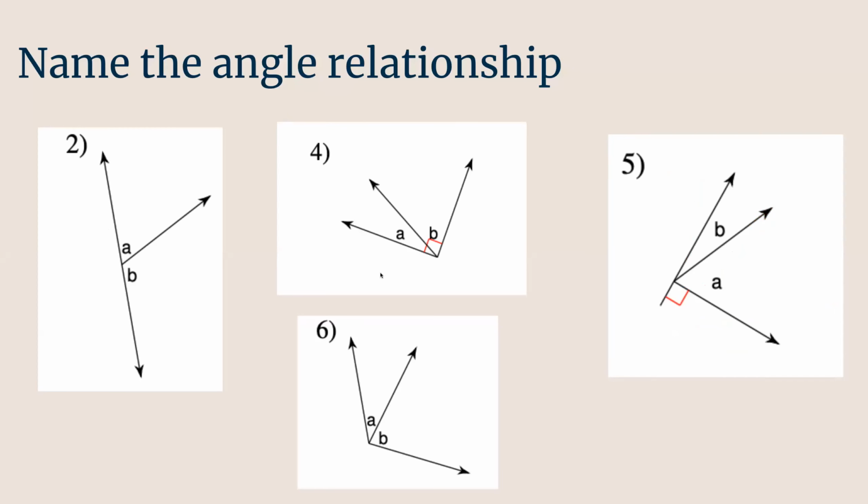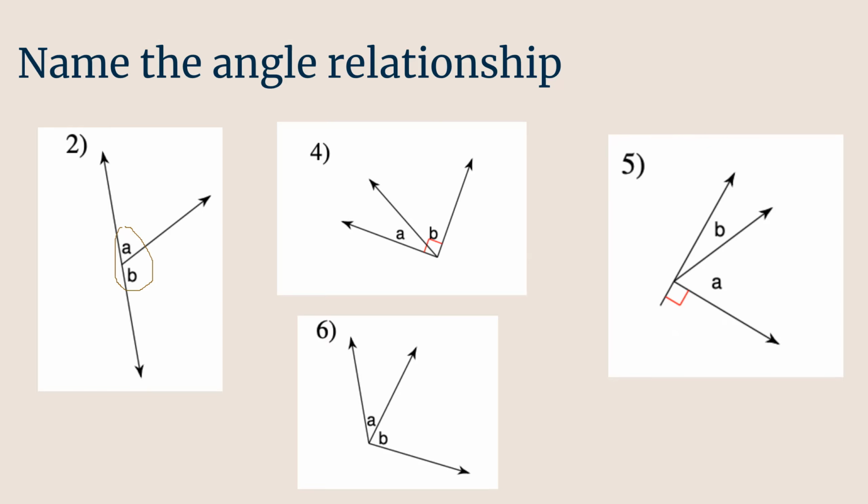Okay, so there are some questions about those angle relationships. So you can pause the video and do those questions. So for those two angles, obviously they add up to 180 degrees, which means they are supplementary angles.